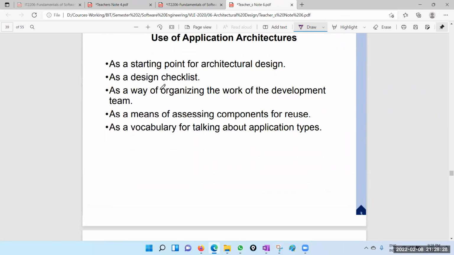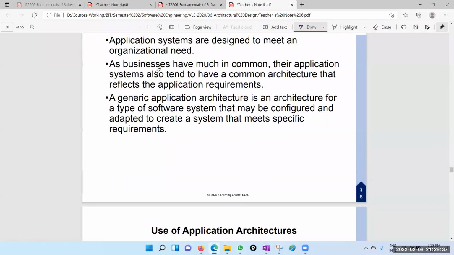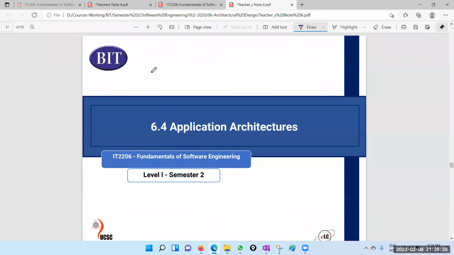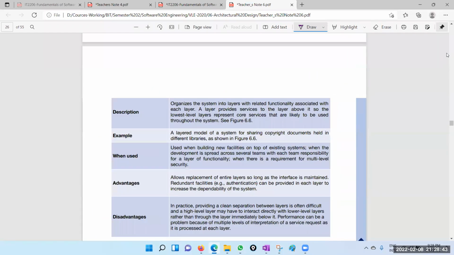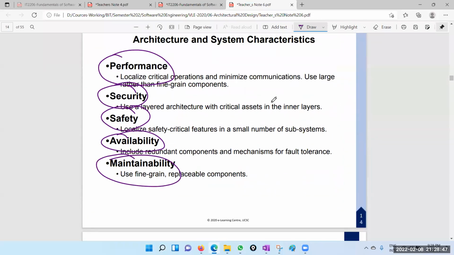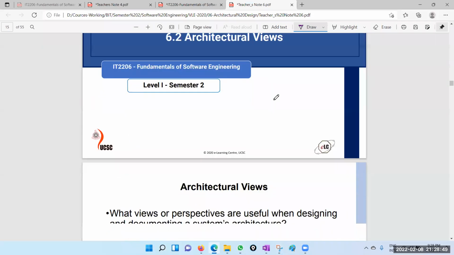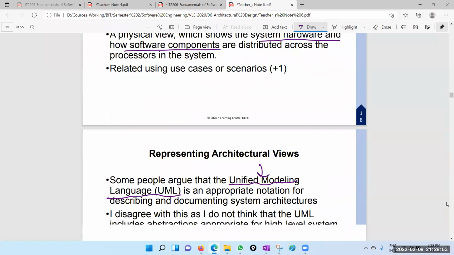So let's discuss a few more architectures, but this time not the general, high-level architectures. Those things like MVC, client-server, repository, we just call architectural views, or the big architectures.